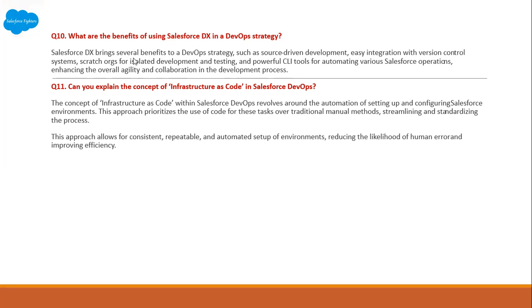Salesforce DX brings several benefits to a DevOps strategy, such as source-driven development, integration with version control systems, scratch orgs for isolated development and testing, and powerful CLI tools for automating various Salesforce operations, enhancing the overall agility and collaboration in the development process.